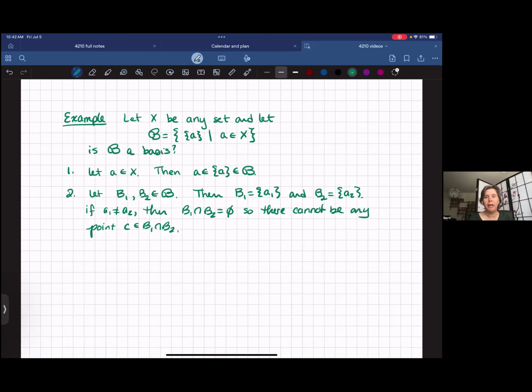Because the statement for the second part of the definition is that if you have a point c in the intersection, then something happens. Well, that if part never gets satisfied. So that second statement is trivially true. If c is in the intersection, then blah, blah, blah. Well, the if part is false. So the second statement is trivially true. Okay. So this is also a basis. Okay. Thank you for listening.